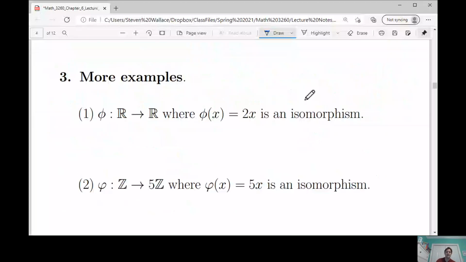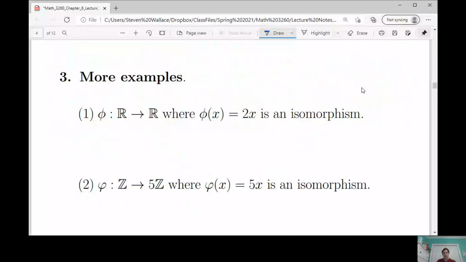All right, now this one here is another example of an isomorphism, but to show that it is one-to-one and onto, you can't just show one and get the other one for free, because these two groups have infinite order.